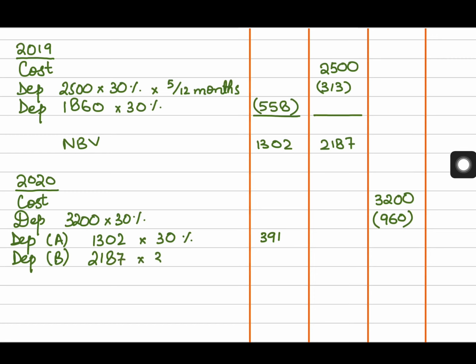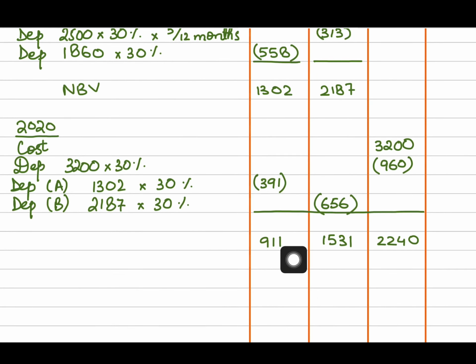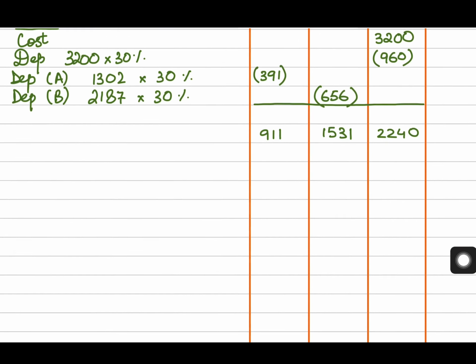This is present for full 12 months in the third year, so multiplied by 30%, 656, right? Now let's calculate the net book values for all these three assets, machinery A, B and C. So 911 for machinery A, 1531 for B and 2240 for machinery C.